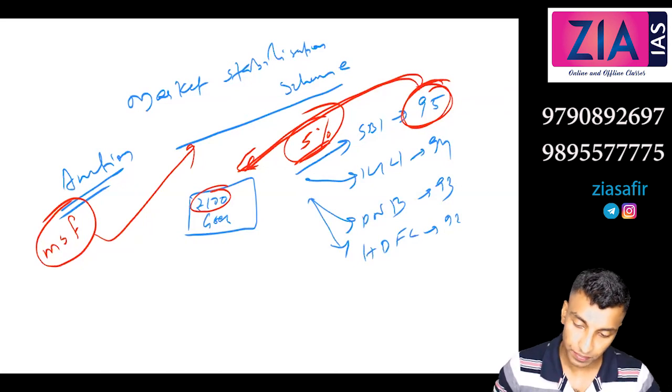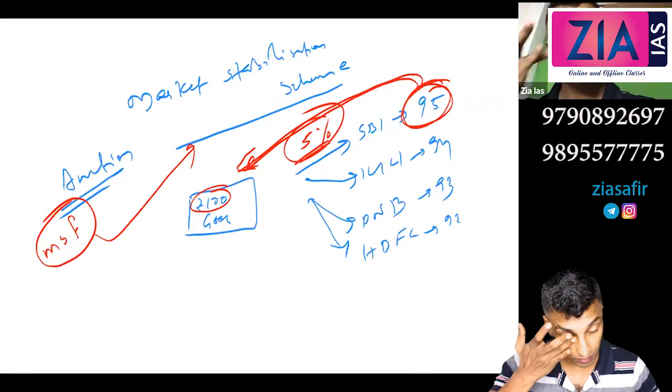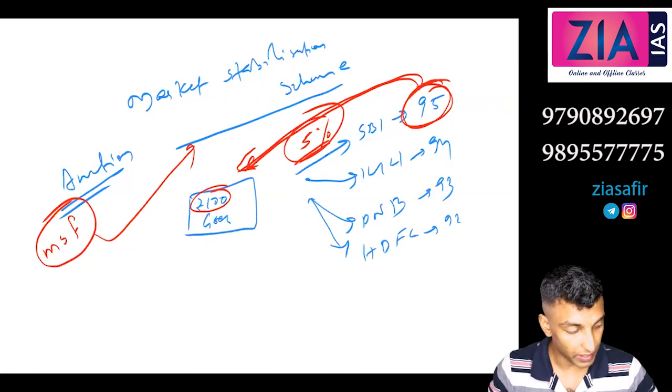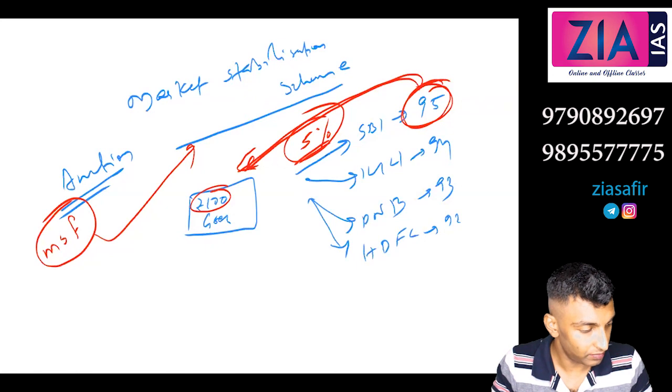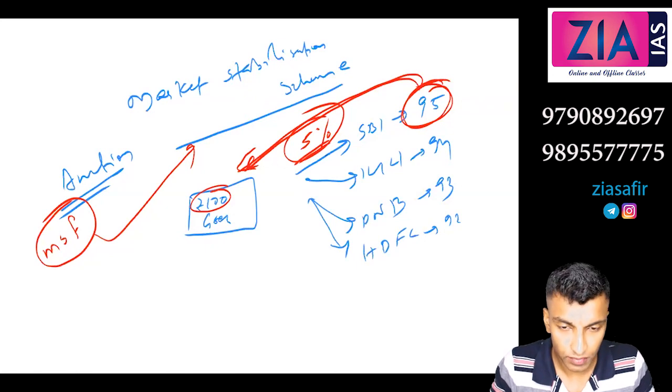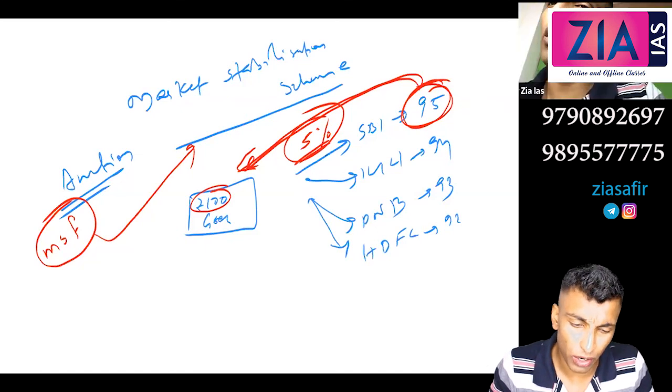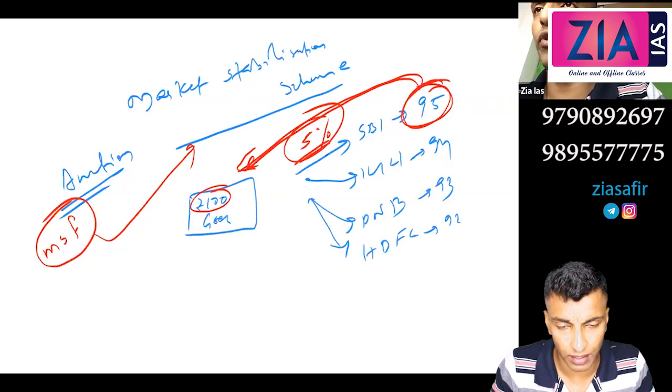What else? Sir, with MCLR, the marginal cost of funds based lending rate, will it be covered under this chapter? Marginal cost of lending I will cover later. A lot of variables are taken into consideration for lending purposes, deciding the interest and all.